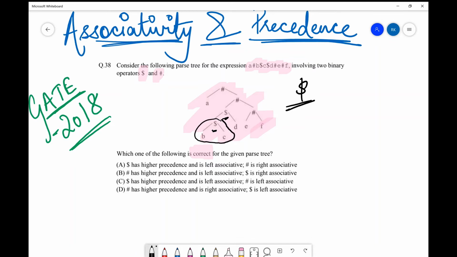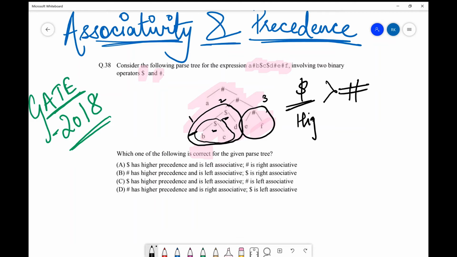This expression you'll be solving first. Now which operator is involved over here? It is the dollar sign. That means clearly dollar has a higher precedence over hash, because we are not solving this expression first, we are solving this one first. This will be solved first, then we'll solve this one second, and this third, right? So clearly we are solving all the dollar operators first and then the hash ones. Therefore this has higher precedence.